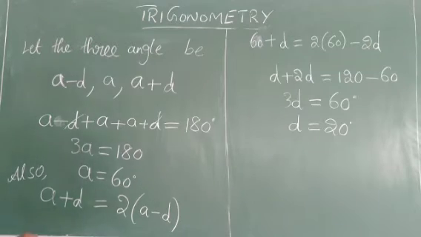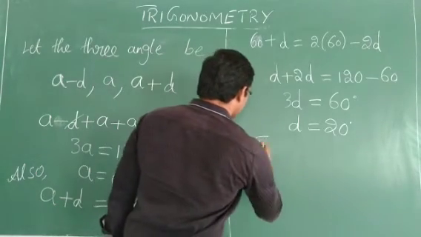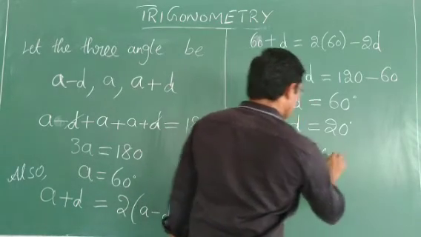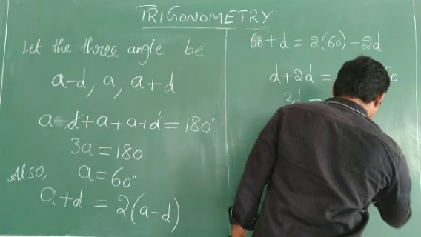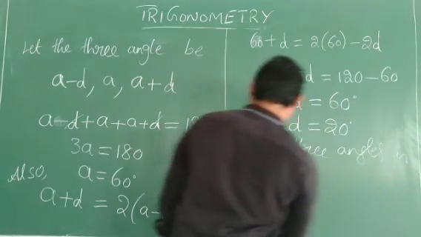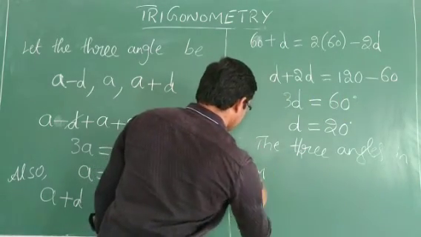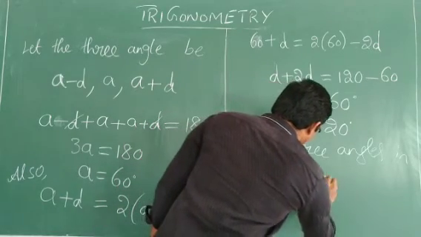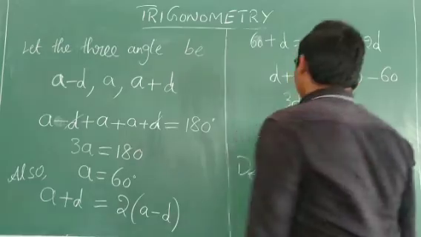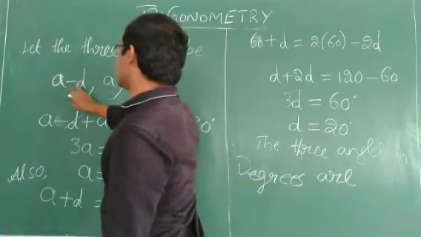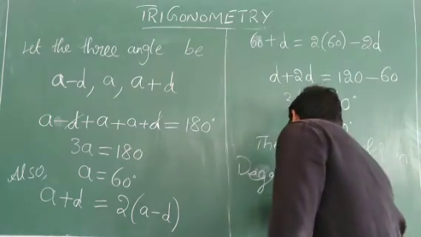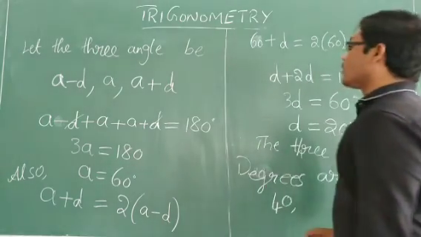Then what are the three angles now? Therefore, the three angles in degrees are a minus d, that is 60 minus 20, which is equal to 40.